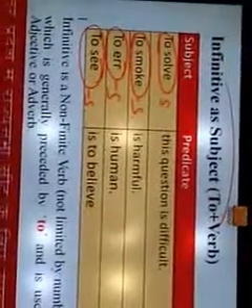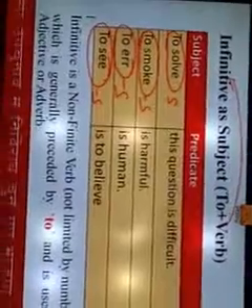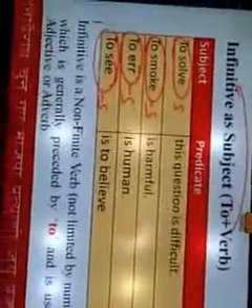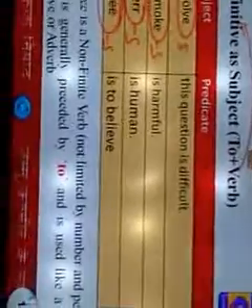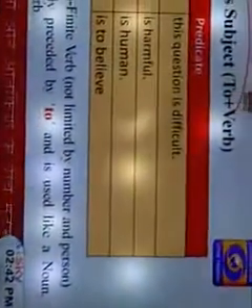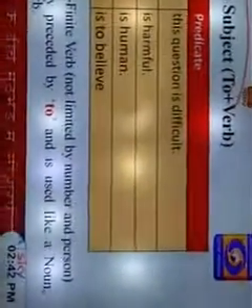Infinitive means to plus verb. When we add to before the first form of the word, it becomes infinitive. And it may be used as subject of a sentence. What is infinitive?